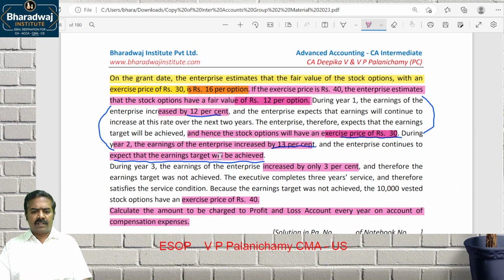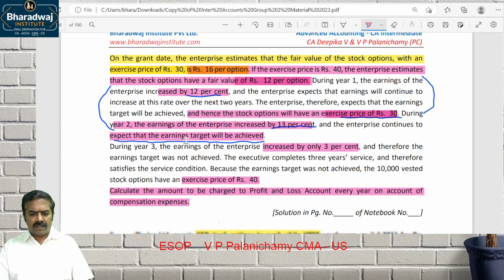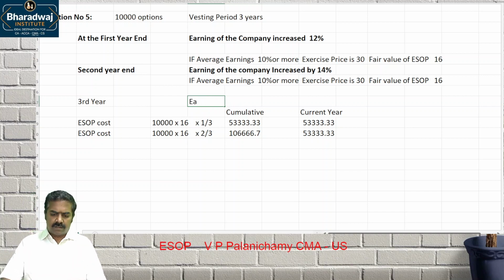Okay. Then look at third year what happens. During the third year, earnings of the enterprise increased only by 3%. So average is below 10%.